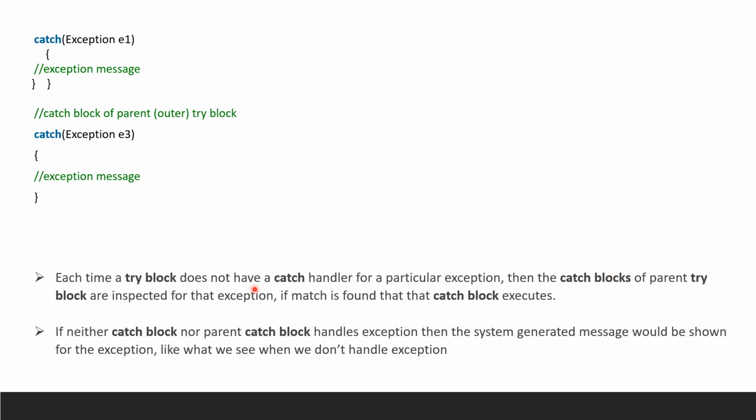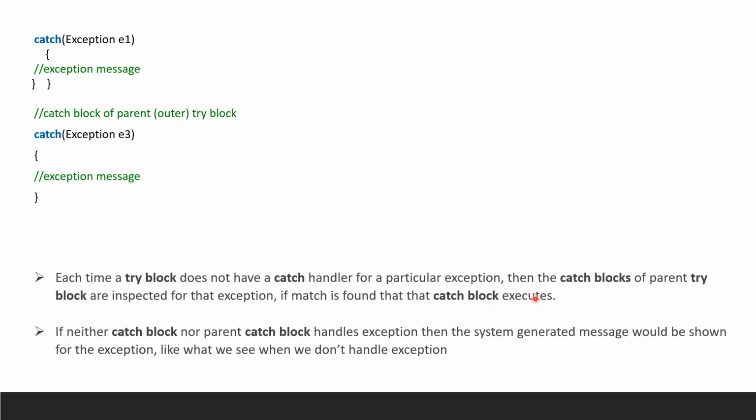So what it is saying is that it is not mandatory for every try block to have a catch handler for that particular exception. Then the catch block of the parent, the outer one, gets executed for that exception if a match is found.